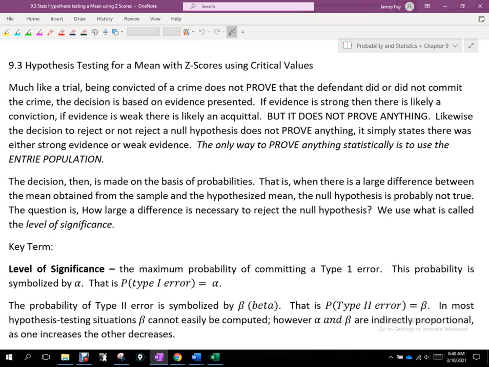But I think most textbooks will introduce critical values first because it's an easier thing to understand what we're doing, but then most statistical packages will use, and most research reports use, p-values. So we can't just say, well, because critical values is a little bit easier to understand, I'm always going to use that.